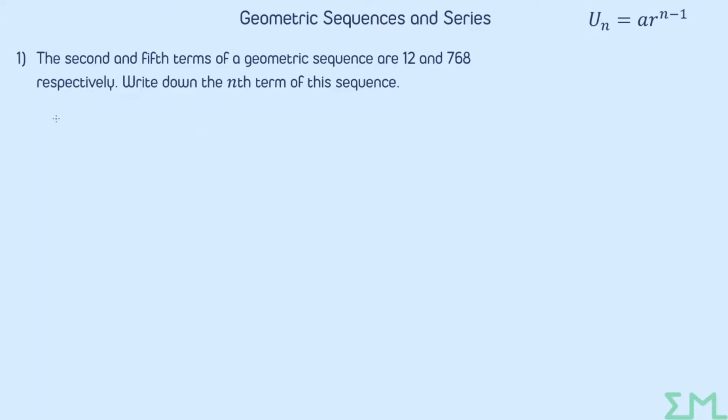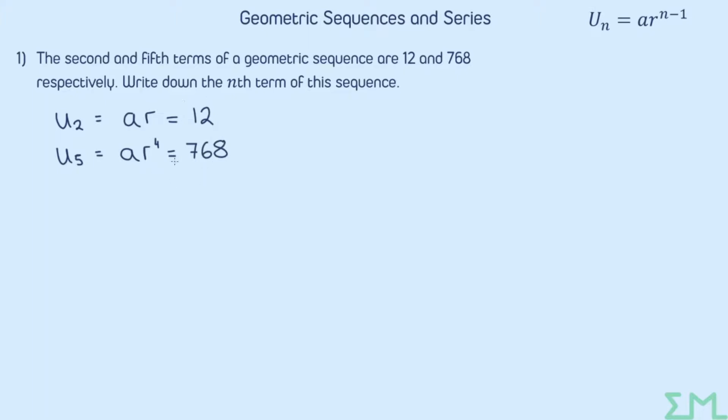So the second term will be denoted by U2. This will look like A times R to the 1, and it's equal to 12. The fifth term, U5, will be denoted by A times R to the 4, and this is equal to 768.